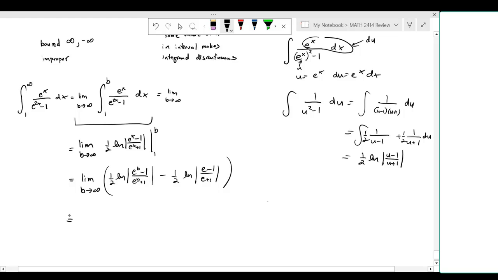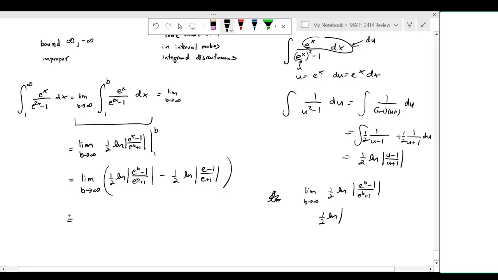All right, so on the side, use L'Hopital's rule, I suppose. The log is a continuous function, so we can bring the limit statement inside the log.